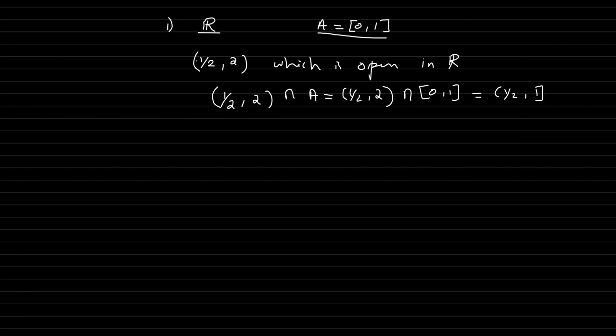So here the interval (1/2, 1] is open in the subspace topology A, but it is not open in the whole topological space R. So a set which is open in the subspace topology A need not be open in the whole topological space.